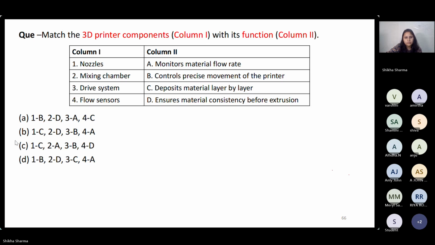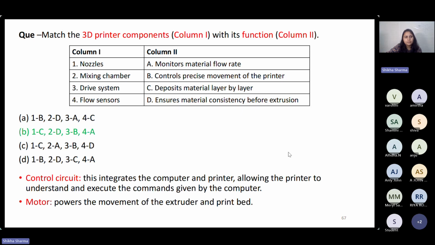Aman, B. Okay, let's see. So he's correct.